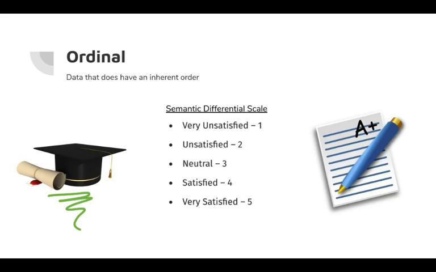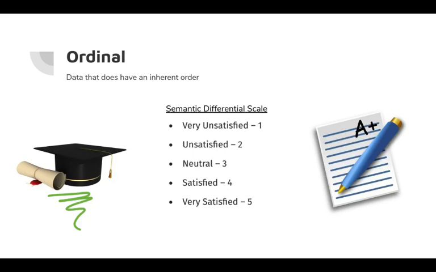Someone who has an associate's degree has a higher degree than a high school diploma, or a master's degree is a higher degree than a bachelor's degree or an associate's degree, right? Those types of categories, there is an inherent order hiding there.